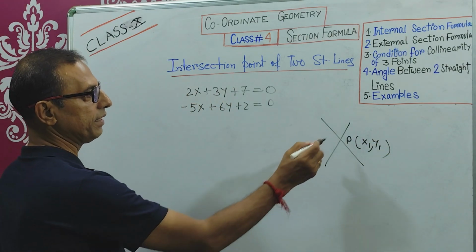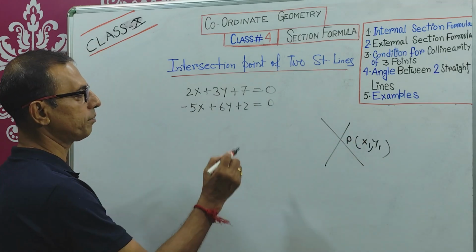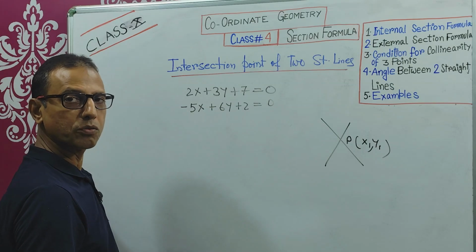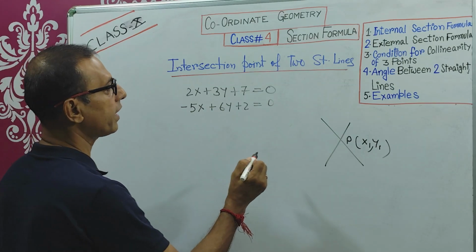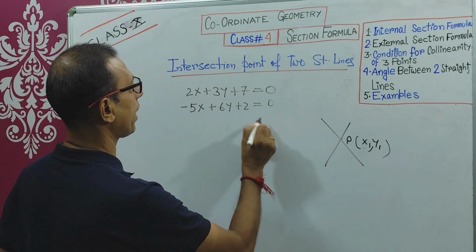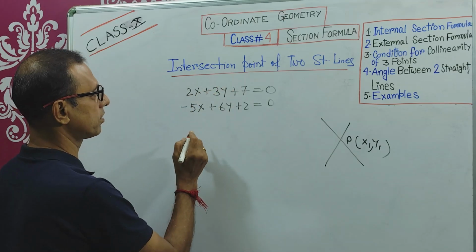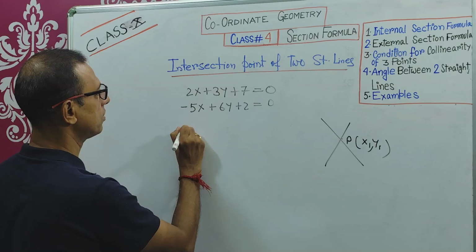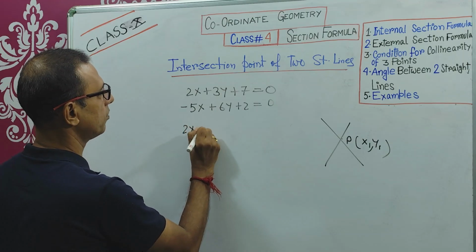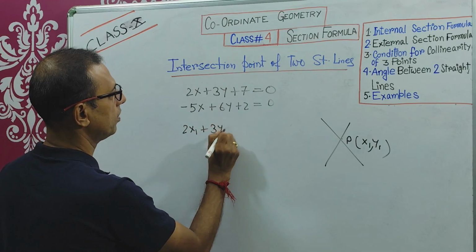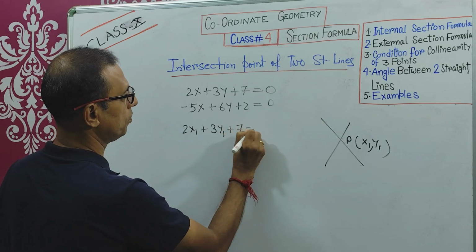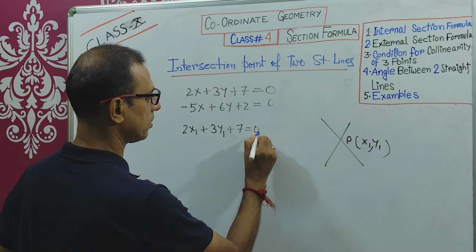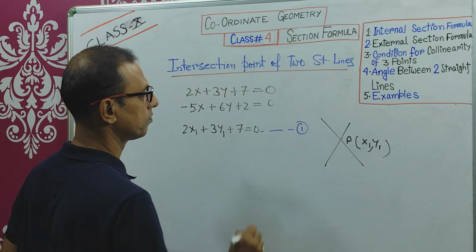If the intersection point is x1, y1, that means that point will lie on both of these lines. You know that, right? So if this point lies on both of these straight lines, it will satisfy both equations. That means 2x1 plus 3y1 plus 7 equals 0. This is equation number 1.